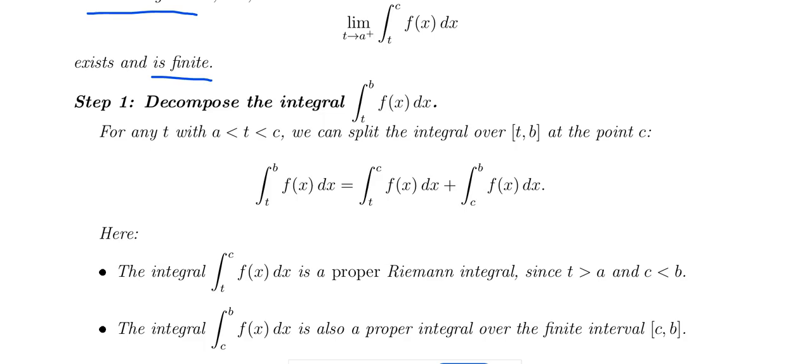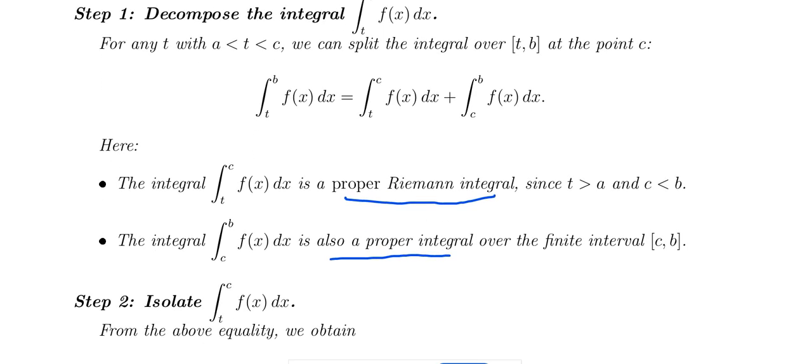The integral t to c f of x dx is a proper Riemann integral for t greater than a, and c to b is also a proper integral, because c and b are defined and the function is bounded on the finite interval c, b.